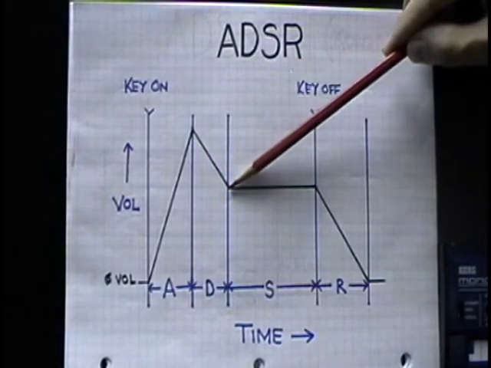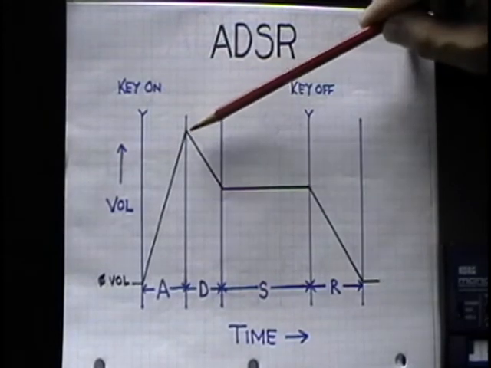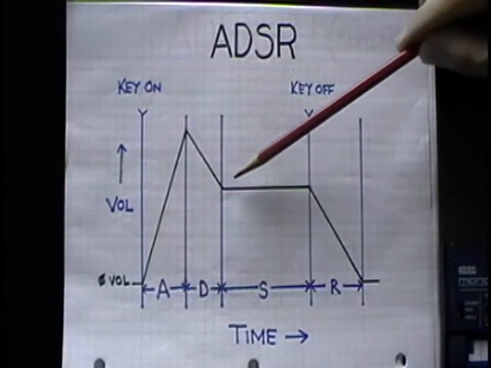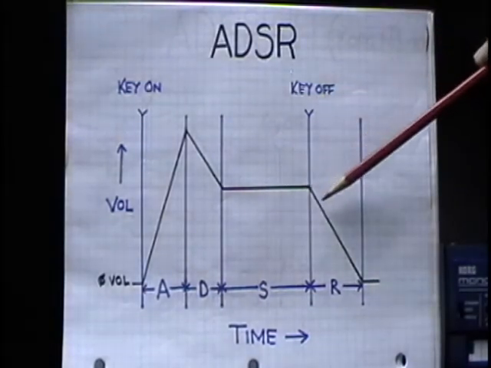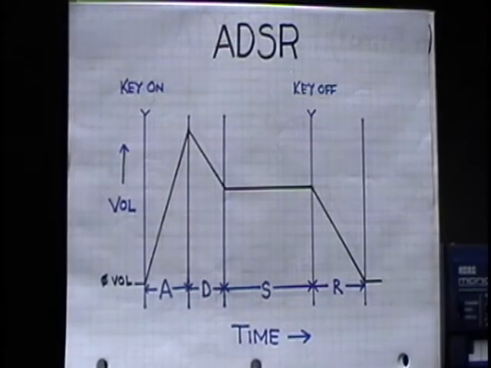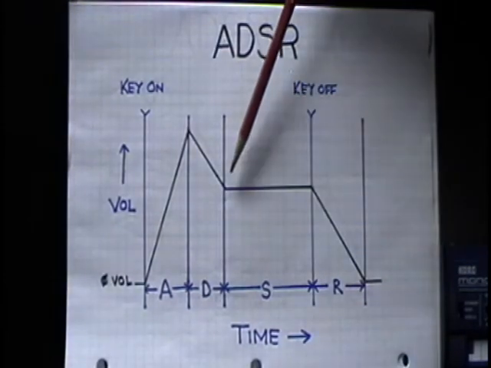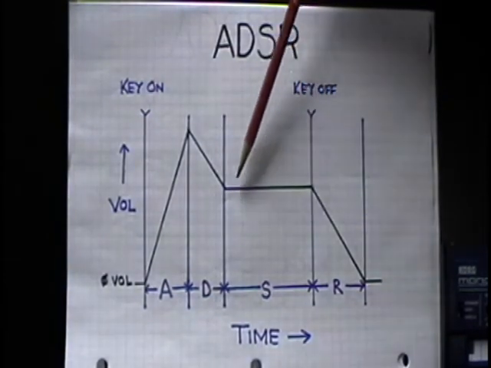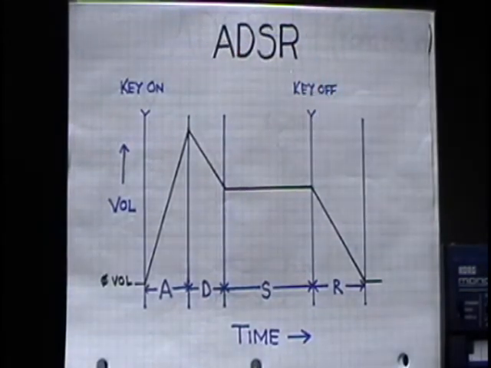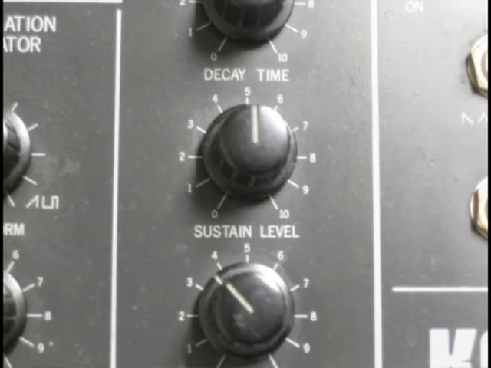Once it hits that maximum volume, it immediately begins to decay down to the sustain level, which it remains at until the key is released, and then it drops back down to 0. Now again, this is based on the assumption that the sustain level is somewhat less than 100%, or somewhat less than 10 here.